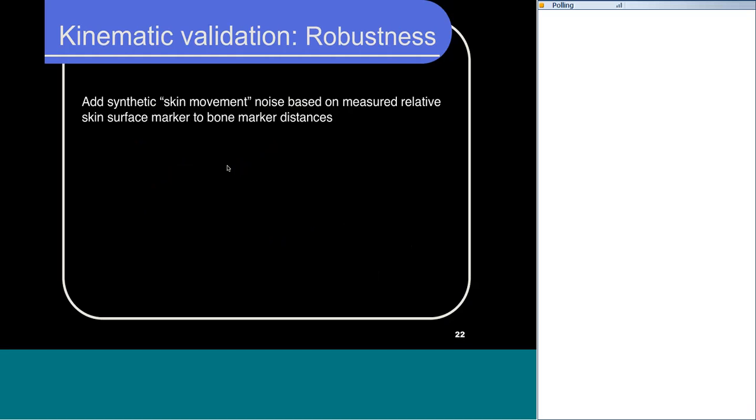So we're pretty confident that the model can accurately capture what we see in a healthy subject, and with bone pins. The question is, how would it handle noise? So with actual skin movement and soft tissue movement. So we decided to add synthetic noise to test the ability of the model.